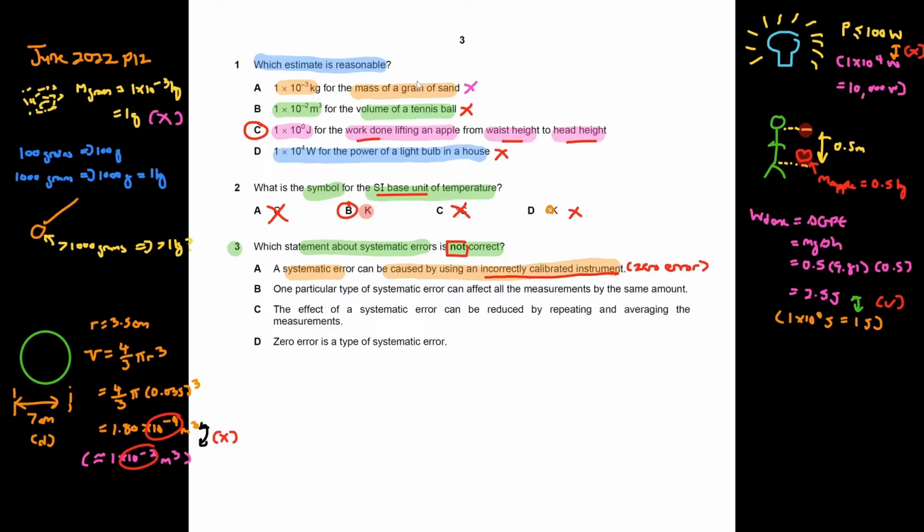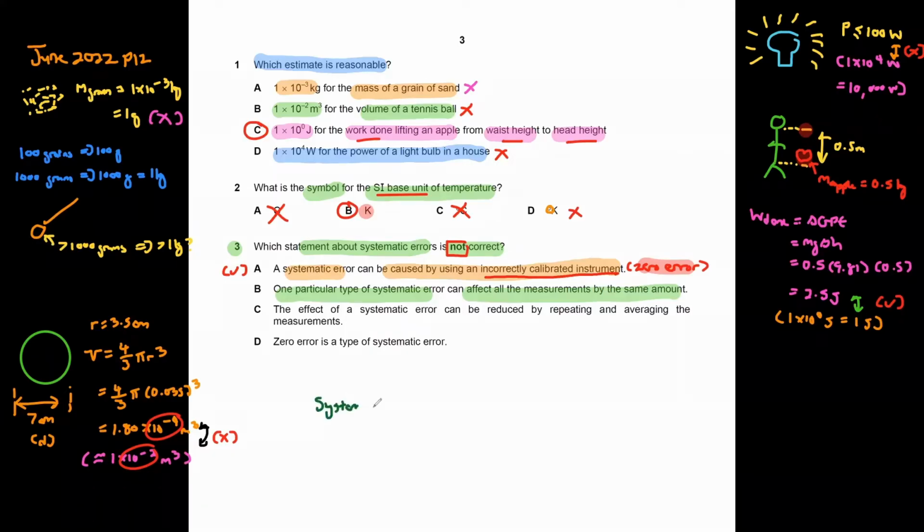So zero error is actually one of the causes of systematic error. So answer A is actually a correct statement. Then how about answer B? For answer B, they mentioned that one particular type of systematic error can affect all the measurements by the same amount. So if you recall, what is the definition of systematic error?